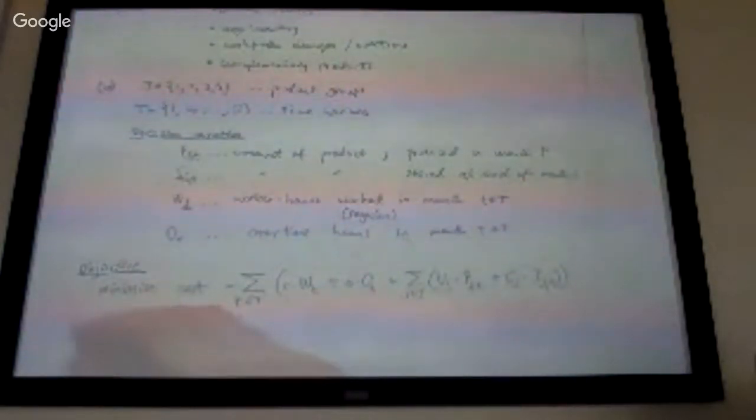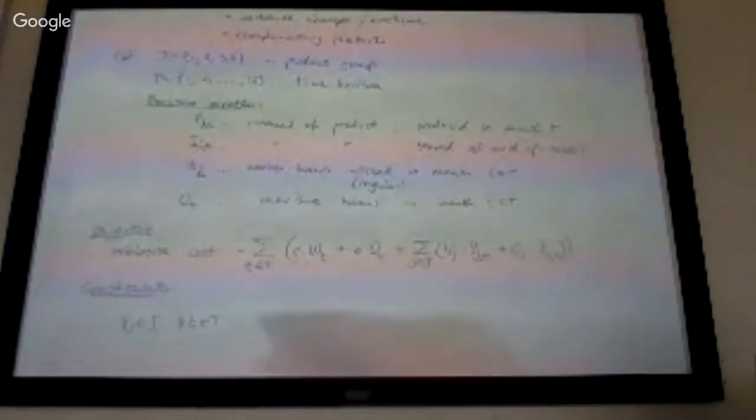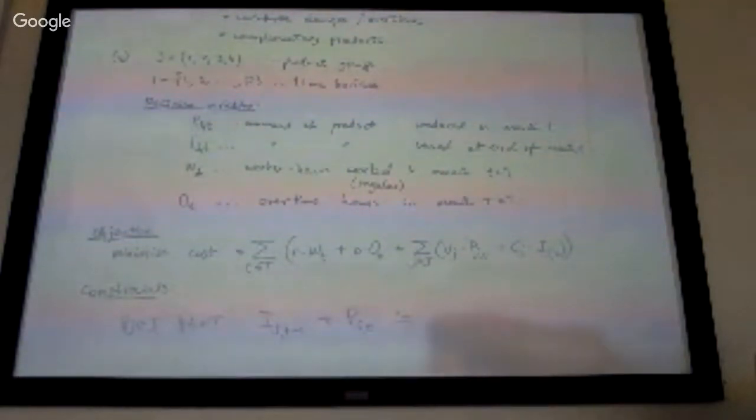And constraints, we'll probably say continuity. This decision variable, so what you need is inventory at t minus 1 plus what we produce equals what we sell plus what we store.